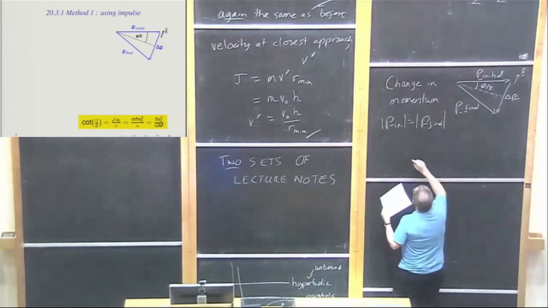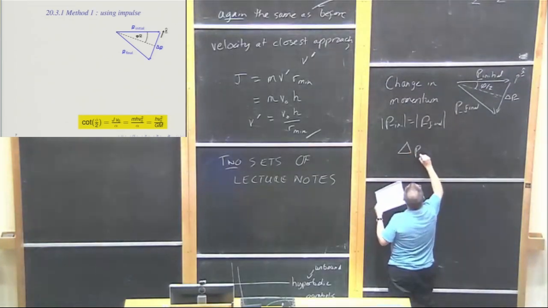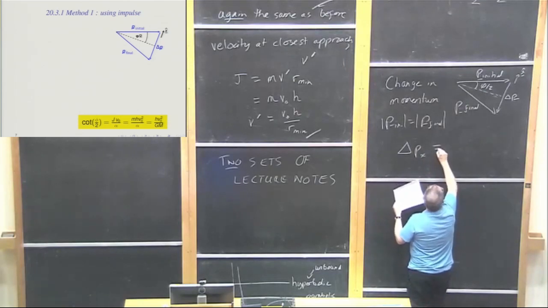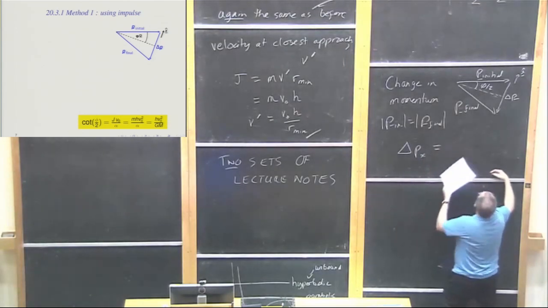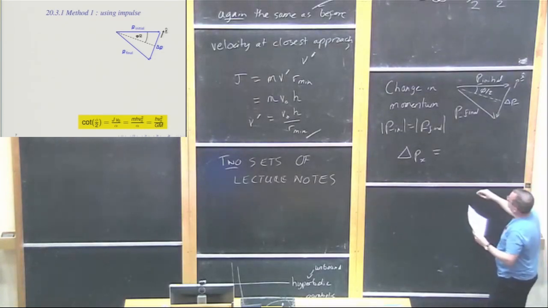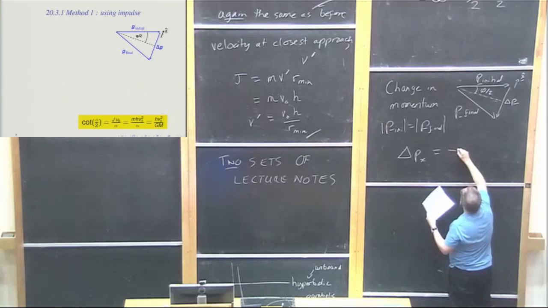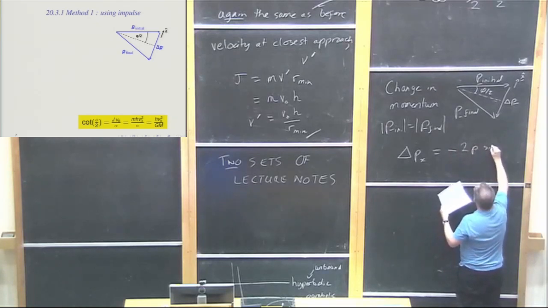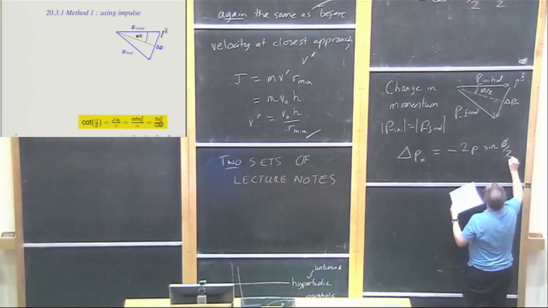So dpx is just going to be given by the length of this side, which geometrically is just minus 2p sine phi over 2.